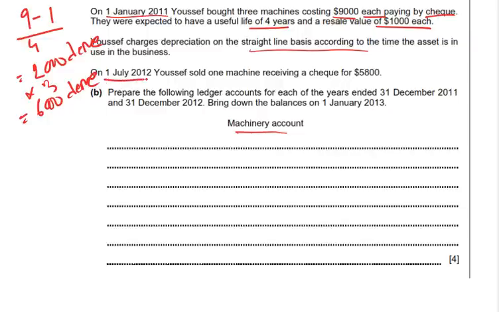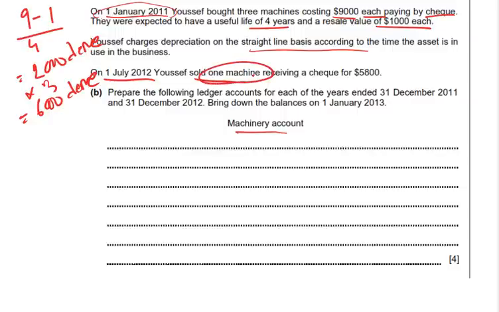Have a look at 1st July 2012. Wait a minute. You bought it on 1st January 2011, so from 1st January till 31st December is one accounting period. It was held in the business, and even till 30th June some assets you held, but after that you sold one machine.